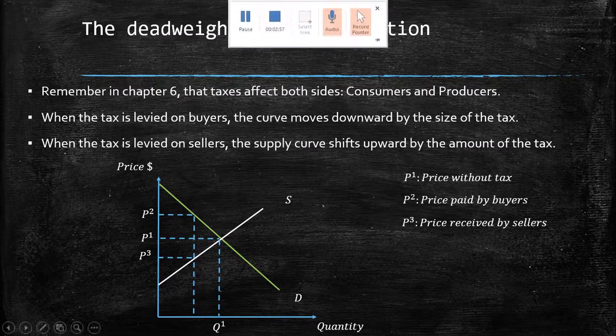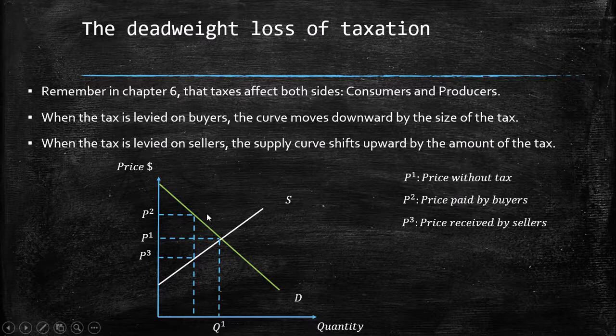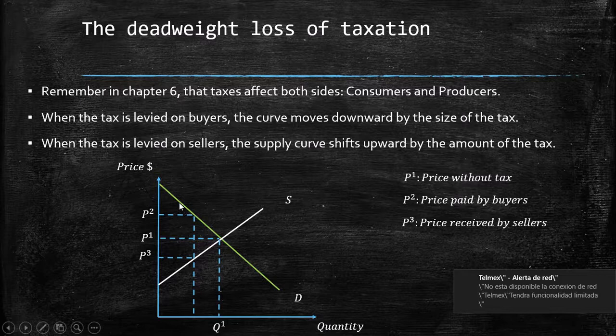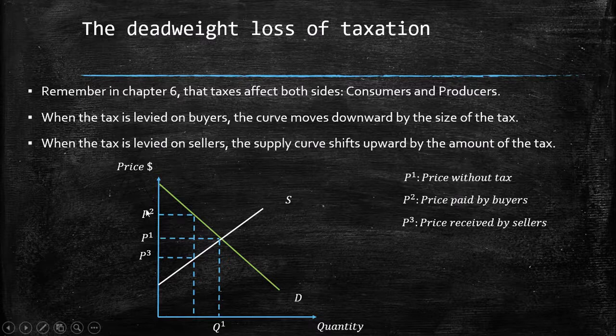If the tax is levied on sellers, the supply curve shifts upward, over here. If it is levied on buyers, the demand curve goes downward, or practically to the left.